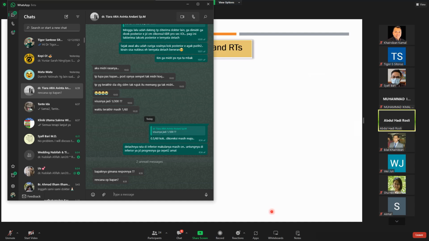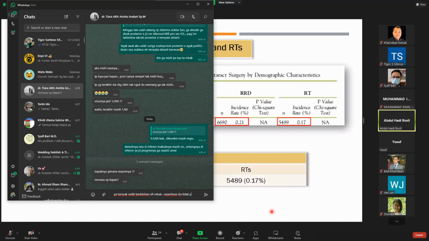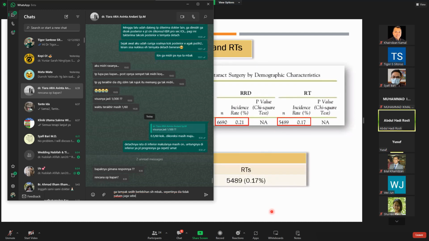First, the incidence rate of RRD and retinal tears without RRD. In this analysis, they found that from 3,177,195 eyes, 6,690 eyes developed RRD.